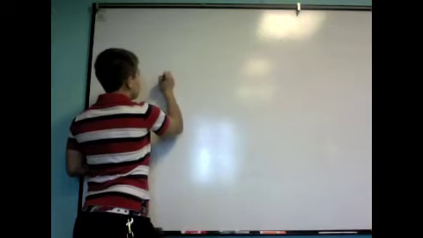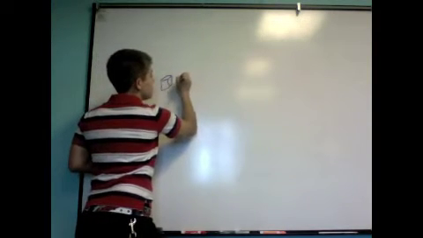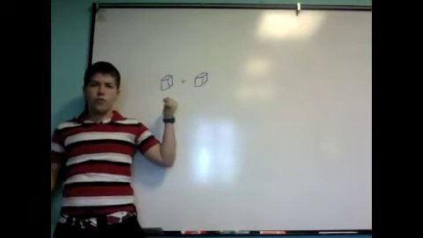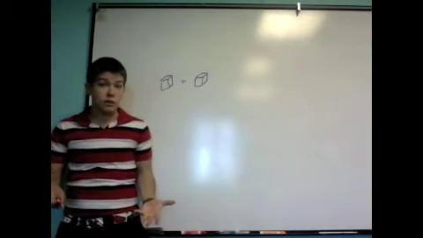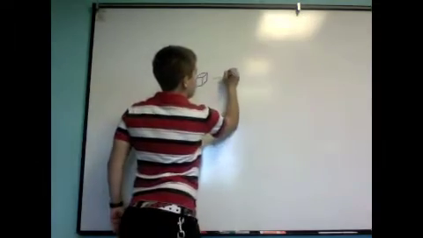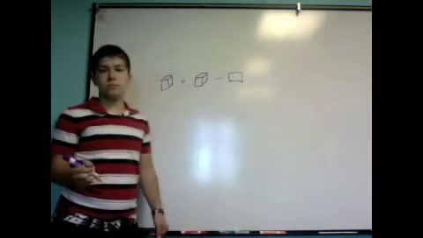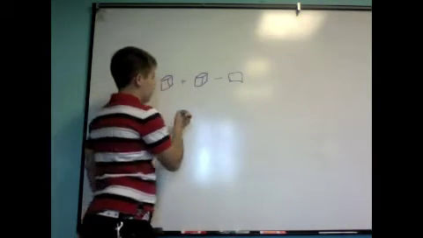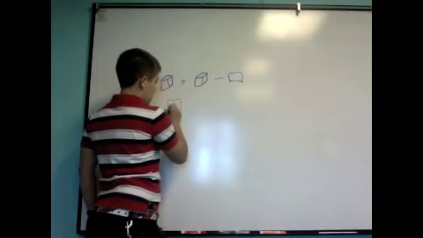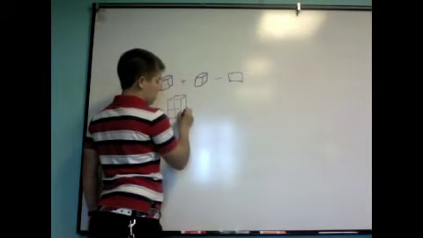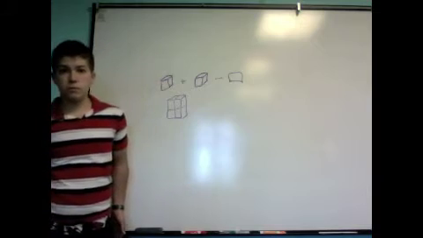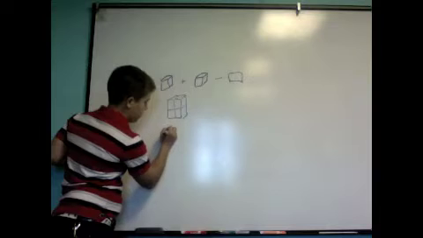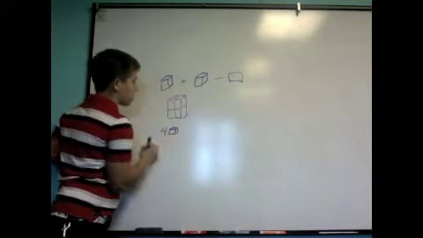Well, I have 2 cubes. And now that face they're sharing is double counted, so minus the face. Say I wanted 4 cubes all right next to each other, like that. So I take 4 cubes.